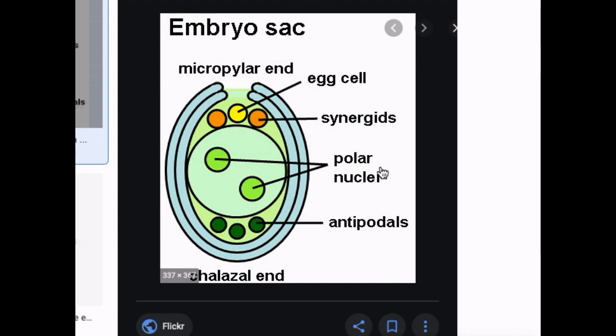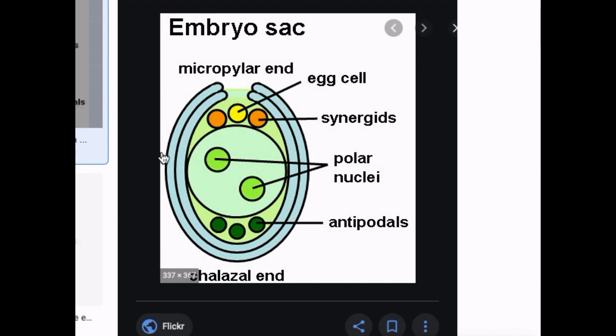So the polar nuclei, after fertilization, becomes the endosperm, and the egg cell, after fertilization with the male cell, will form the embryo. So the embryo is formed from the egg cell, and the endosperm is formed from the polar nuclei.